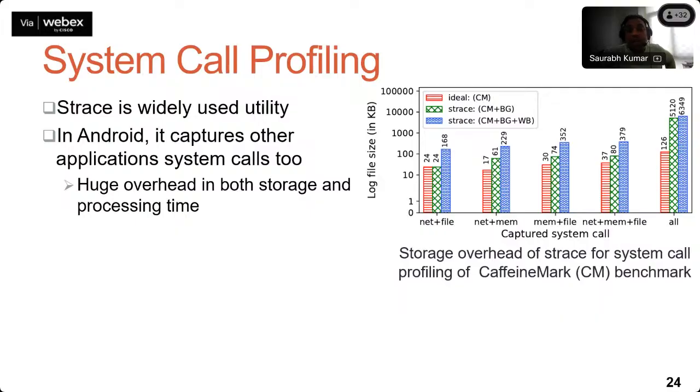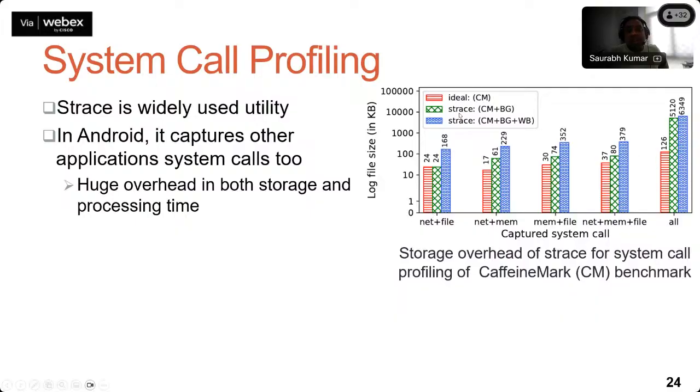Based on that, they observe these things. The second thing is how much log they are generating, which is also a consideration point. So we executed this CaffeineMark benchmark, observed some system call related things, and observed the log file size they generate.